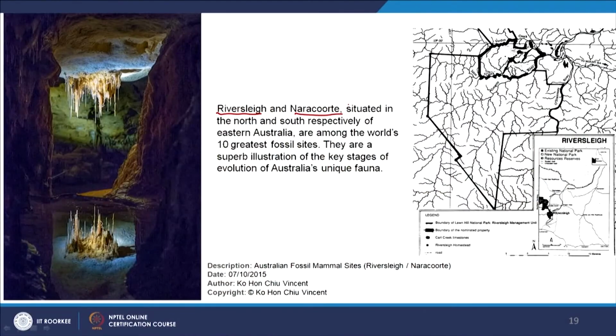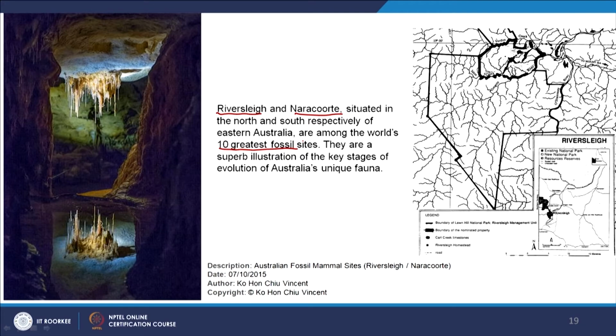One example in Australia, if you look at the northern edge and the southern edge, there are some interesting sites of Riversleigh and Naracoorte, which are situated in the north and south of Australia, because when Australia divided from the Antarctic belt, there are some rich evidences of the greatest fossil sites.